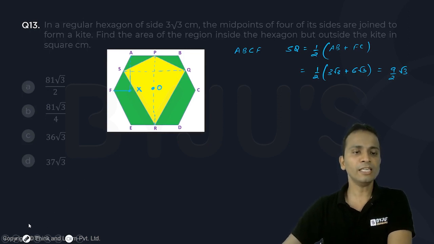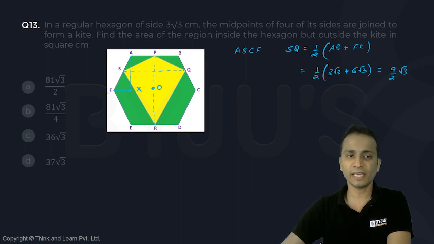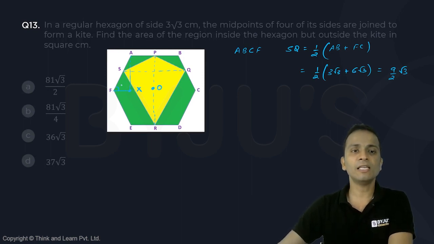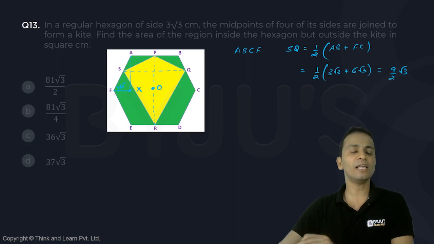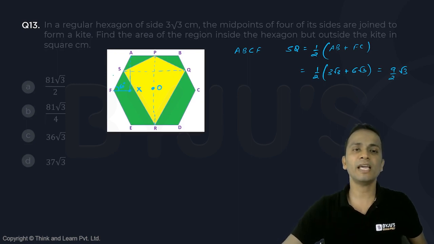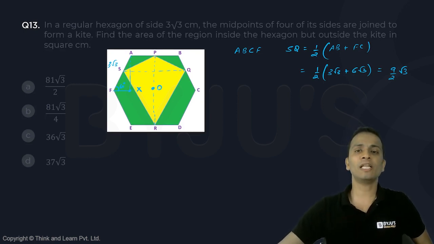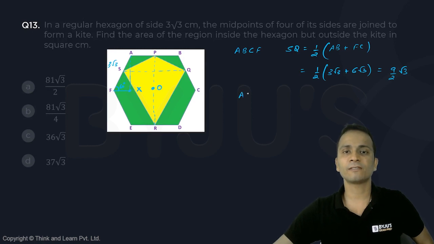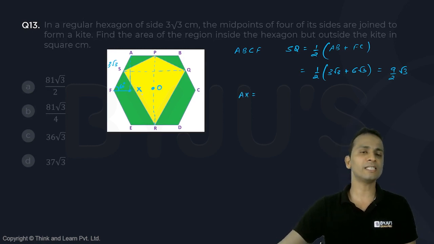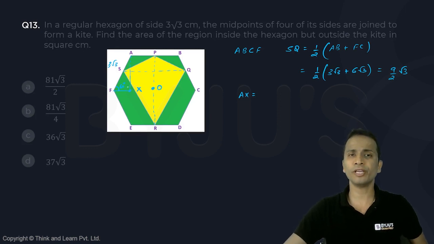Now I need to find out the length of AX in the triangle AXF, where angle F is 60 degrees. We already know the length of AF, that is 3 root 3. So how do we find the length of AX? You can consider sine of 60 degrees, which is root 3 upon 2.